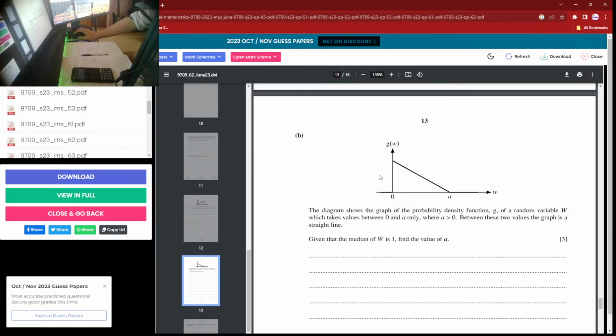So how do we find 0? How would we find the value?